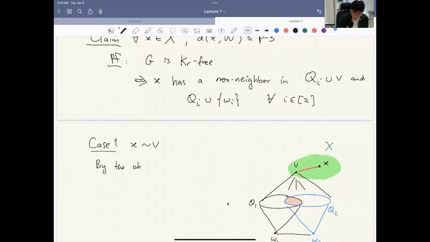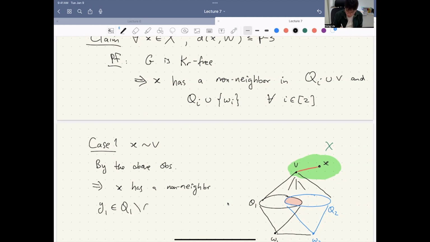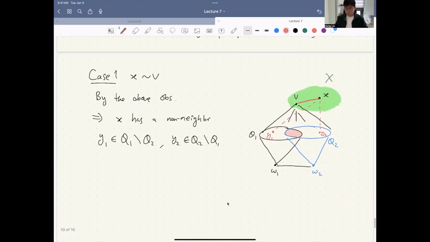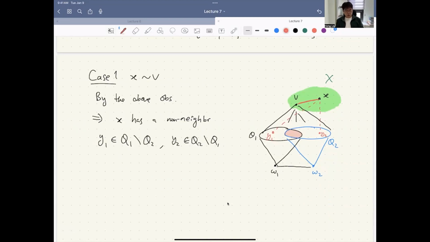By the above observation, X has a non-neighbor, say Y1, in Q1 minus Q2, and Y2 in Q2 minus Q1. Okay, so X has a non-neighbor here, Y1, and a non-neighbor here, Y2. We are reaching a contradiction.